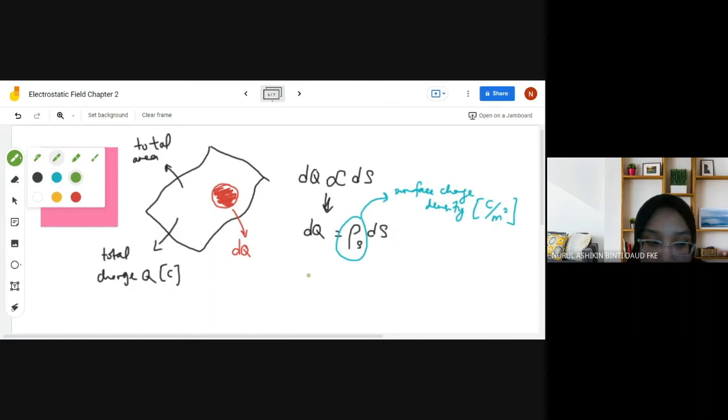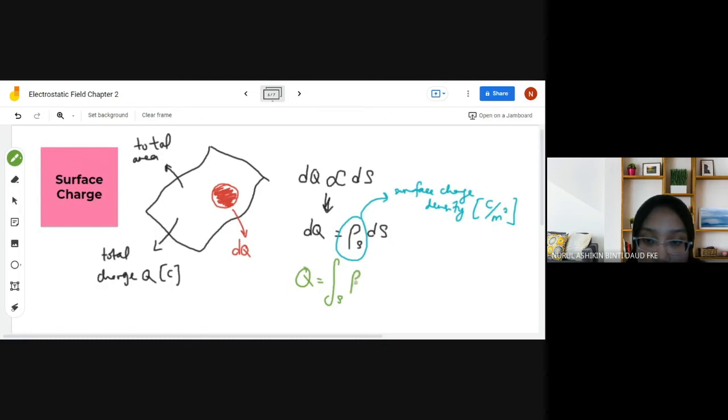We still need to use an integral, but now our integral is going to be a double integration because we are dealing with a surface.